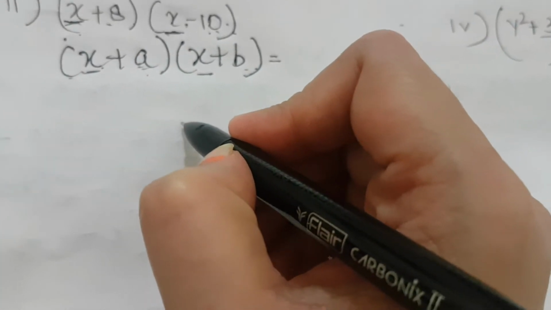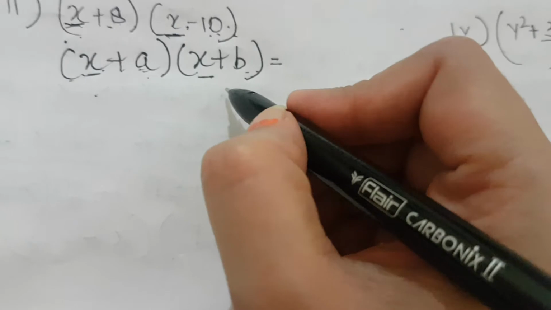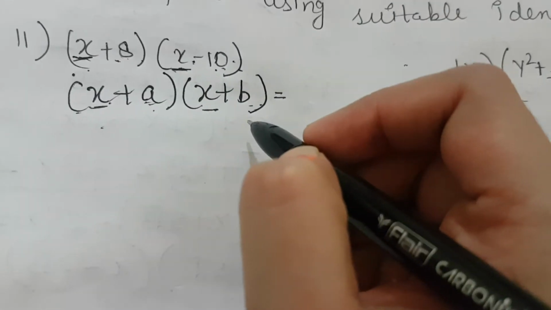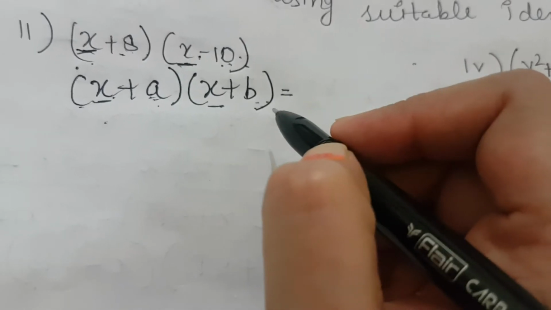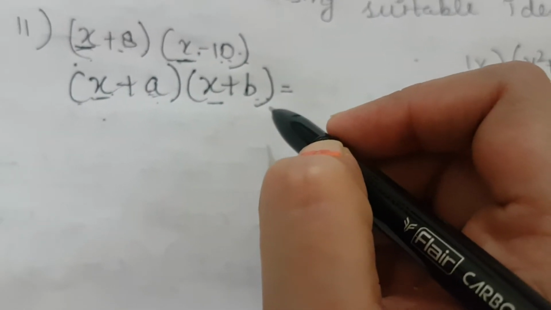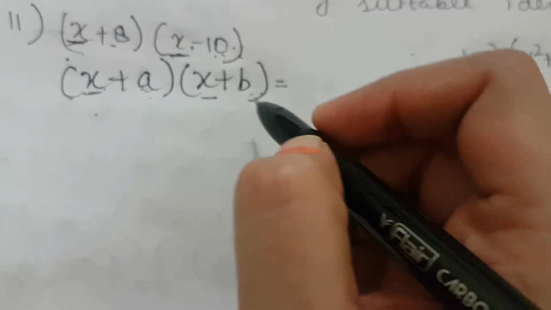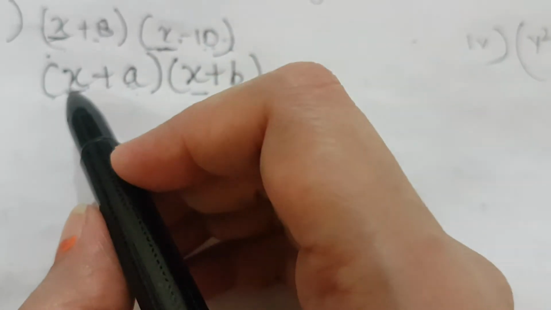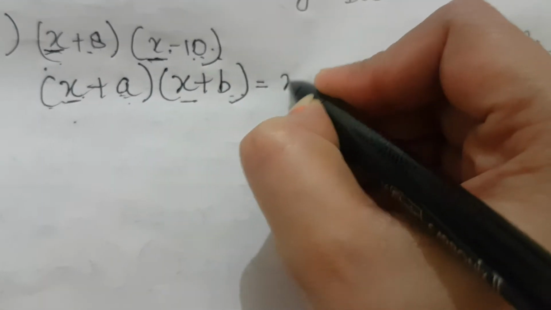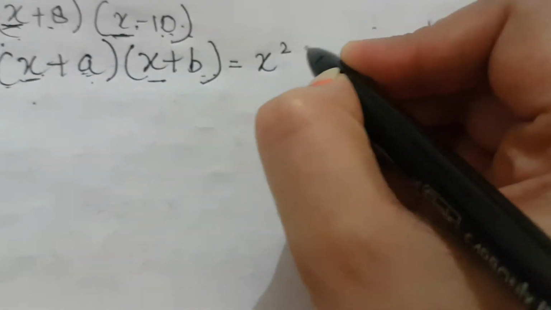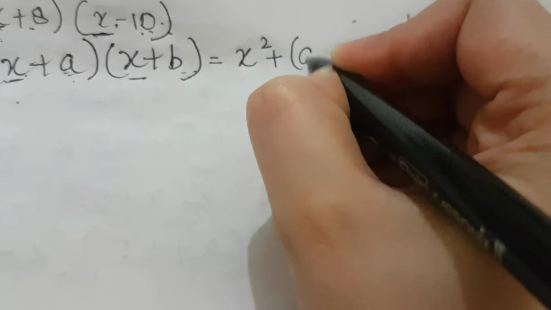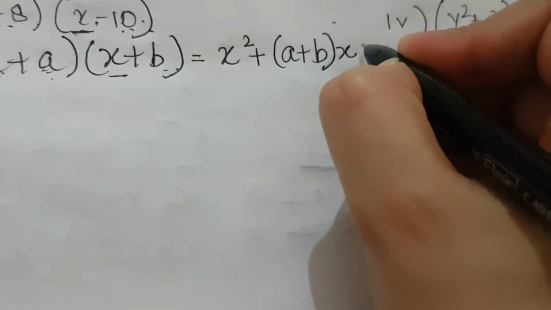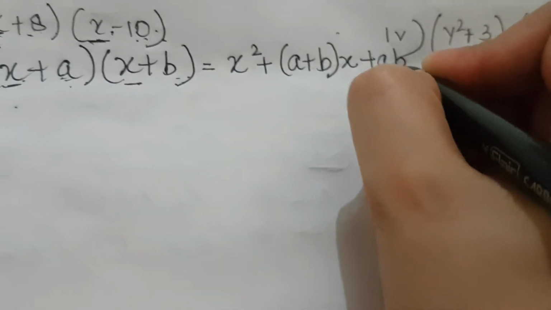Now let us open this identity, meaning expand it. What was the identity? Have you learnt it or not? If you have learned it, then it's very good. I told you that all the identities should be on your fingertips, meaning you should learn them properly. The identity is x square plus (a plus b) x plus a into b.